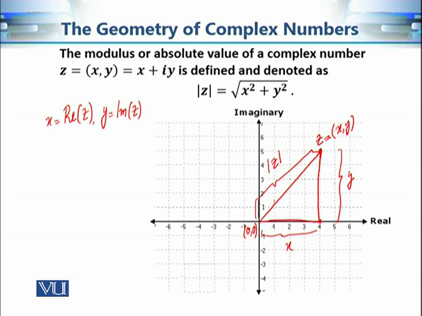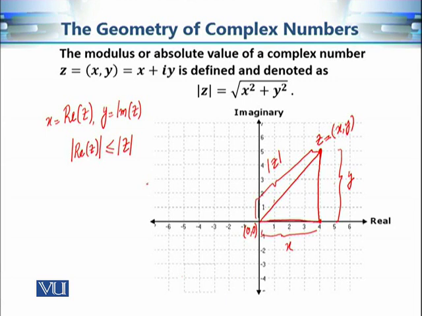Now we know from elementary geometry that the length of the base is always less than or equal to the hypotenuse. So we can say that the length of the base, the real part of z, since it is a length, we denote this with mod, is less than or equal to the hypotenuse of this triangle.